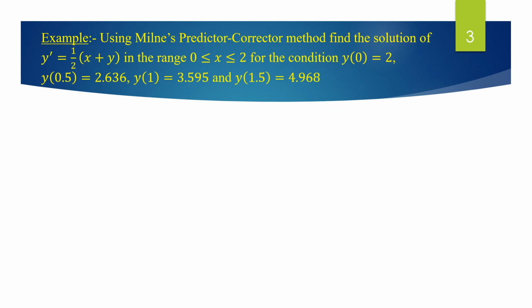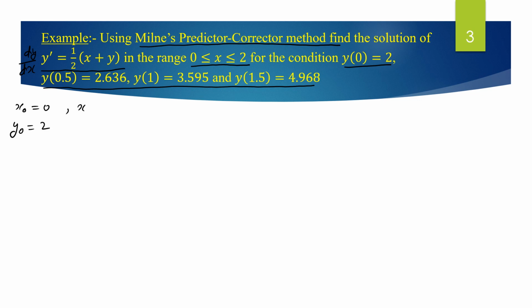Now by using the Milne predictor corrector method, we have to find the solution of this differential equation, that is dy by dx is equal to 1 by 2 x plus y in the range 0 to 2. The conditions are: x0 is 0, at that time y0 is 2.